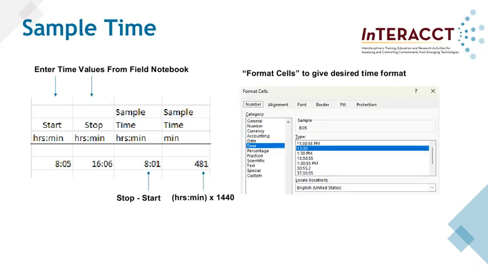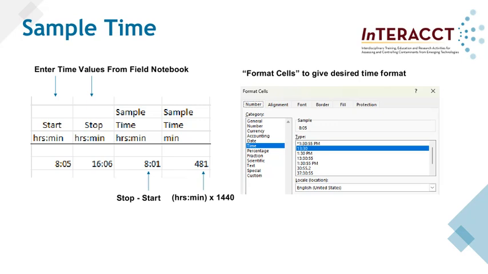So then moving on to sample time. In Excel, time can be entered as so many hours and minutes. The display of time can be formatted by right-clicking on the cell and then choosing Format Cells and choosing the kind of time display that you want. In this case, it's the simple 24-hour indication of time.